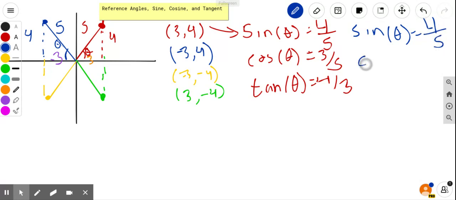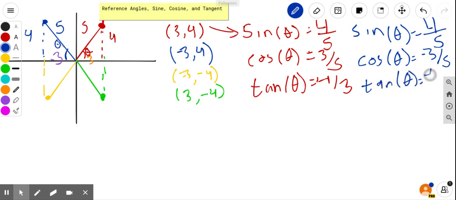The cosine of that angle should be -3/5, and the tangent of that angle should be -4/3. Technically the negative should be at the bottom, but if you divide by a negative, it's negative overall, so that's just the way I write it.